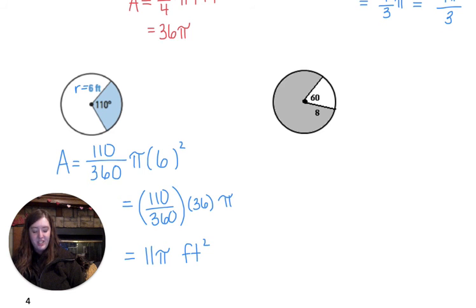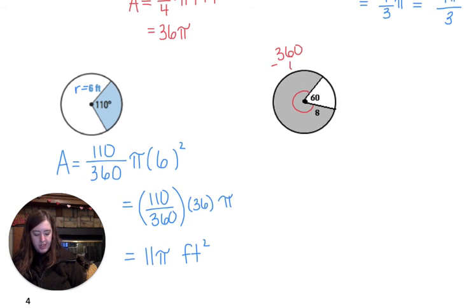All right, this last one. Now, it's tempting to go ahead and put the 60 in there. But remember, we want the shaded stuff. So I want the rest of this. We know that a full circle is 360 degrees.